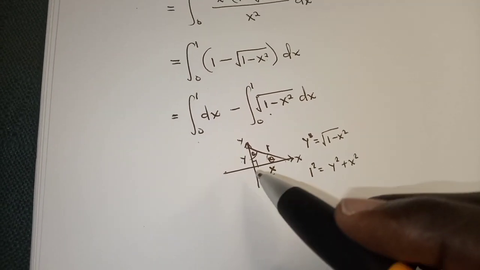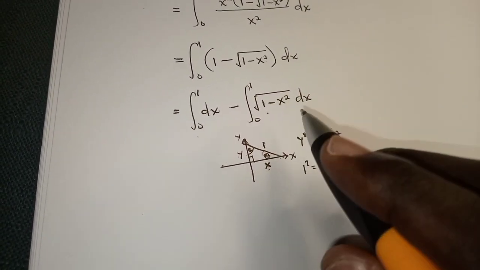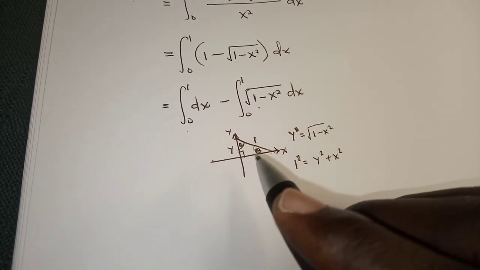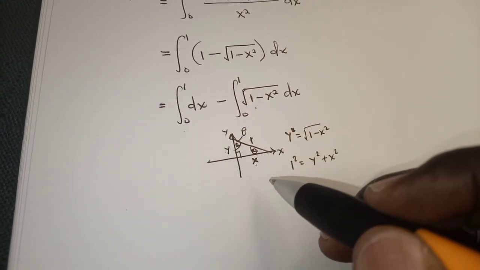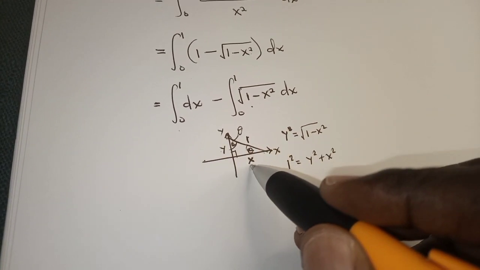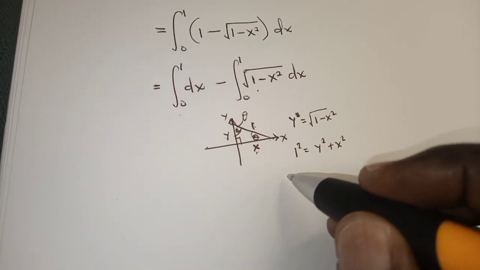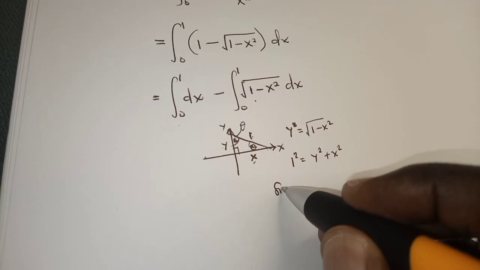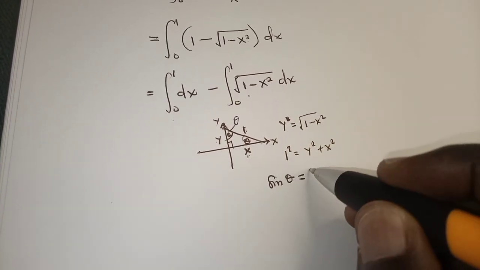You can check my other videos, where I explain the cosine substitution perfectly. So if the theta is here, you have opposite on hypotenuse. That means sine theta should be equal to opposite x on 1.